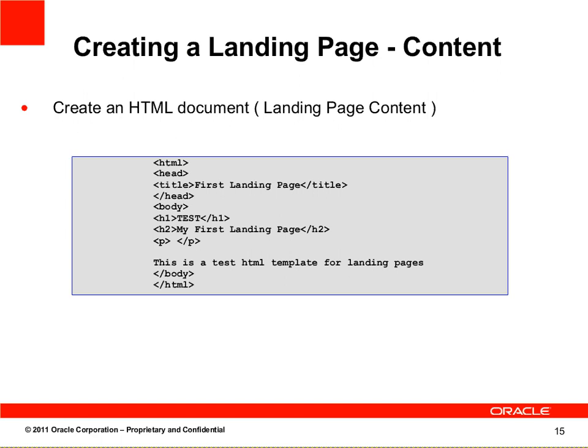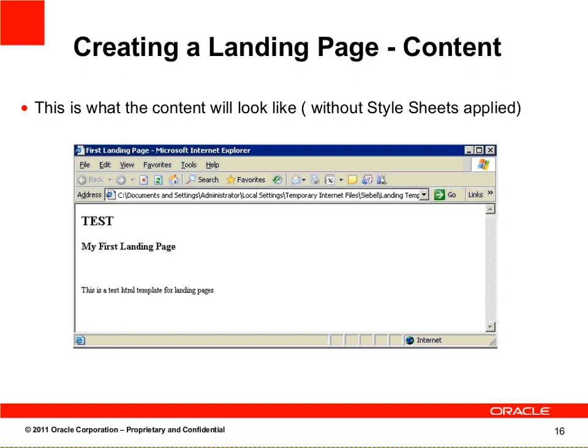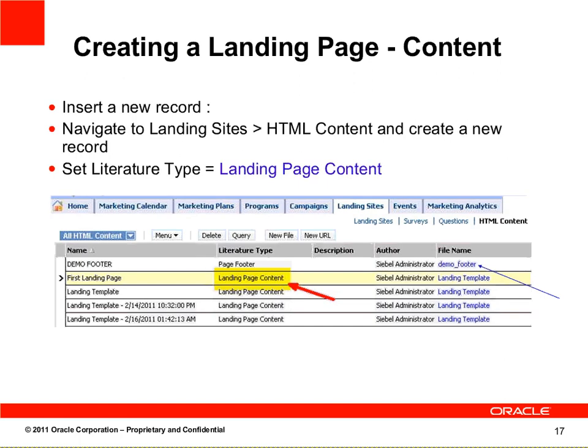You save this as a regular HTML document, and we will use this later to create our landing page. This is what the content will look like. In this case, we haven't applied any style sheets yet. So you see a very, very plain HTML document. Same color for all the titles.